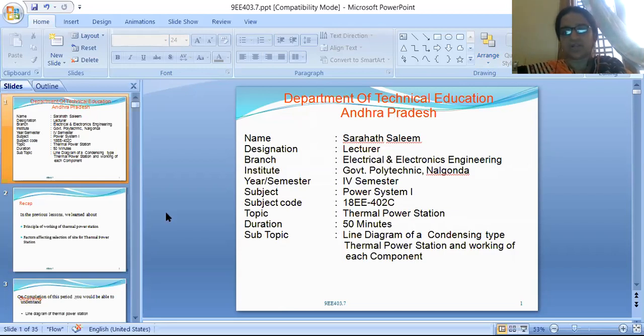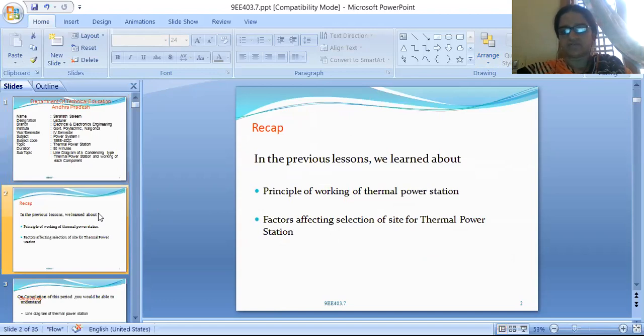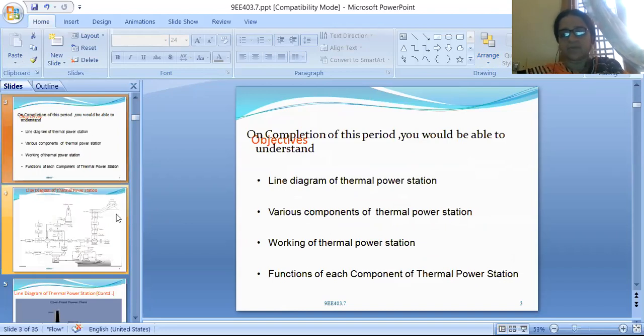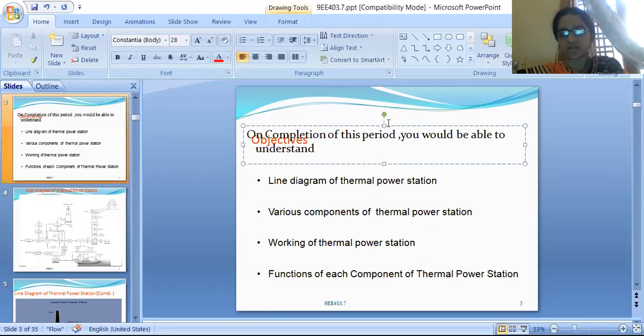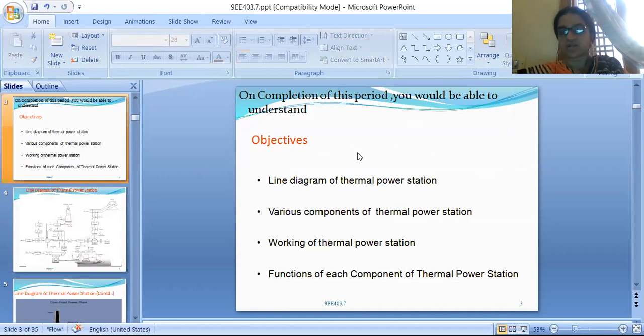In the previous lesson, we have learned about the principle of working of a thermal power station and the factors affecting the selection of a site for a thermal power station. On completion of today's topic, we will come to know about the line diagram of a thermal power station, the various components, the working of a thermal power station, and the function of each component.